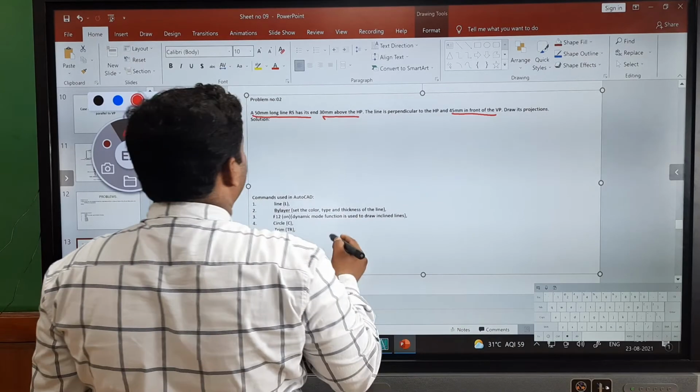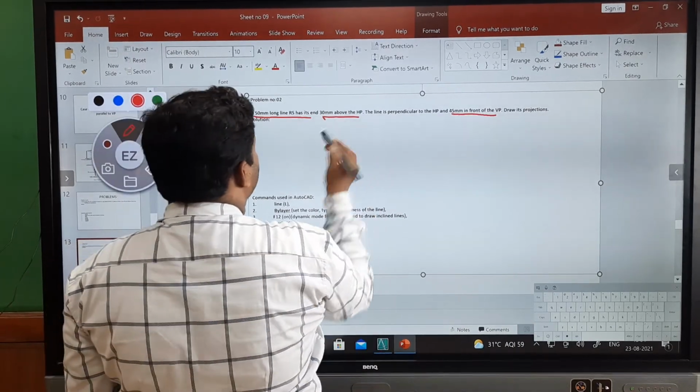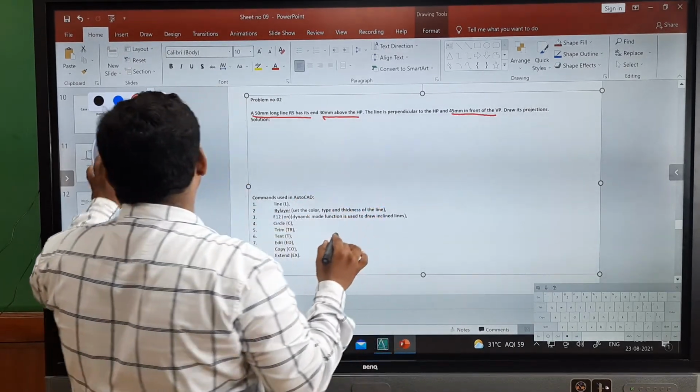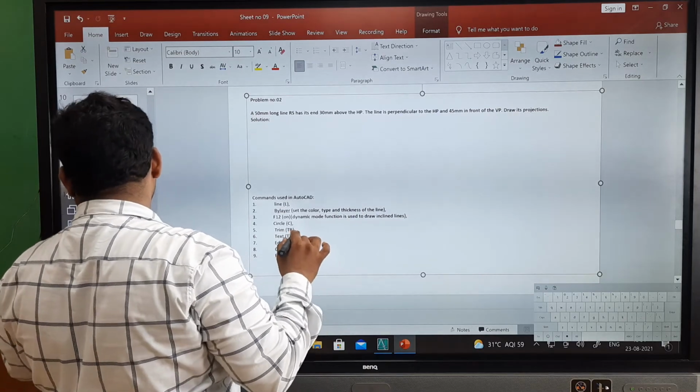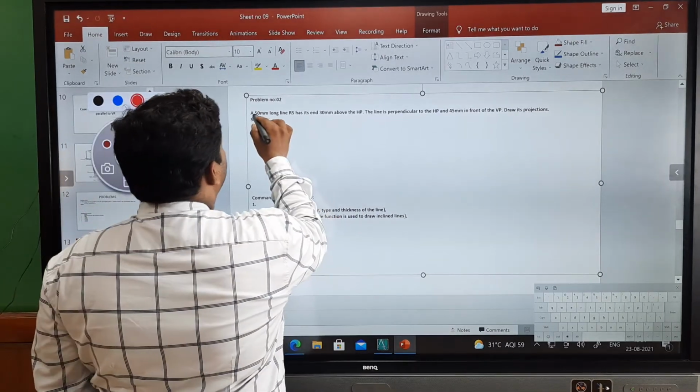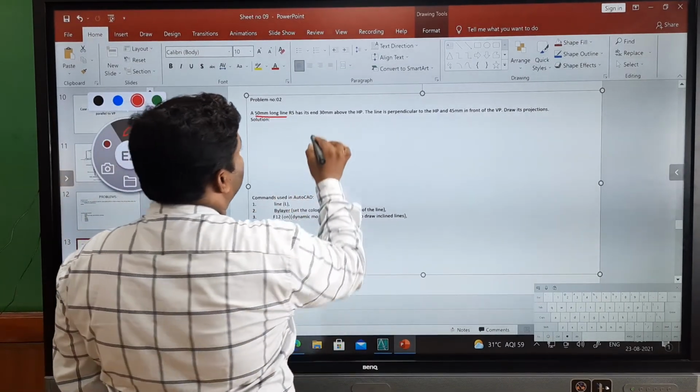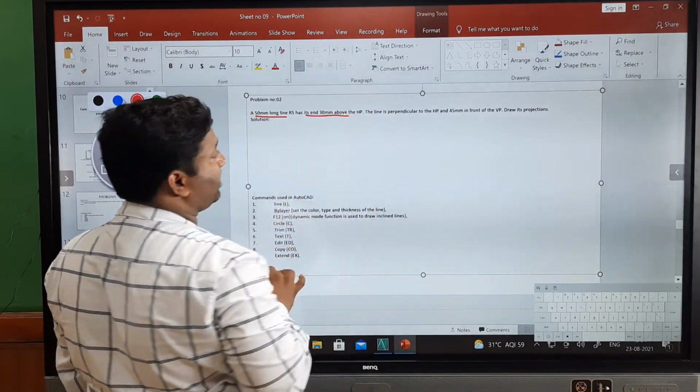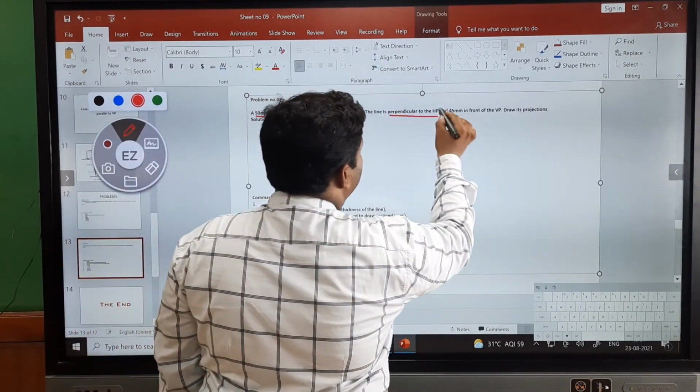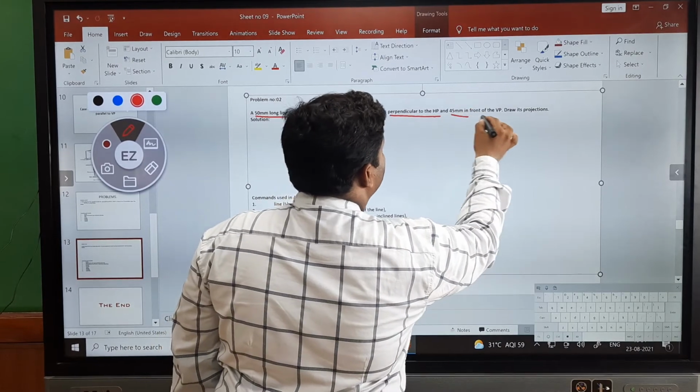Draw its projection. First of all, what are the conditions given? First we will see that. Again I will show you that one. 50 mm is the length of the line and its end is 30 mm above the HP and the line is perpendicular to HP and 45 mm in front of the VP.